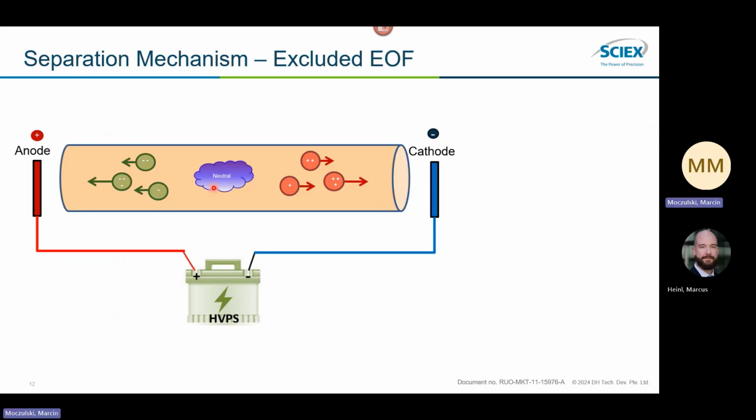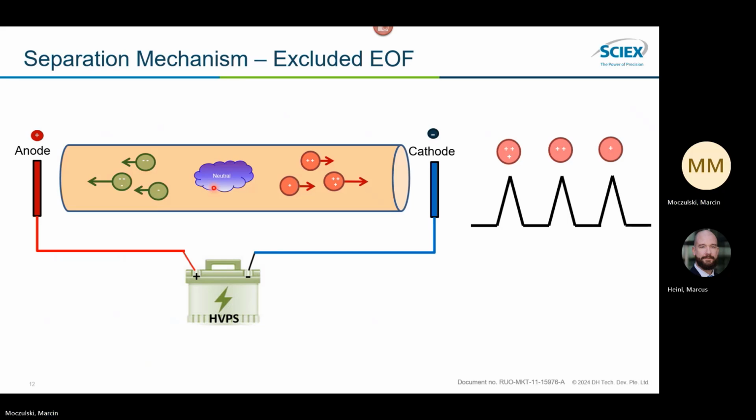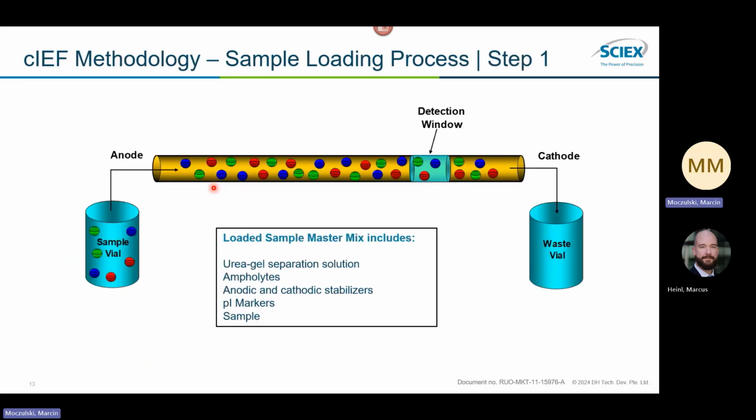After gradient formation and chemical mobilization, protonated zones can be easily moved through the capillary, giving us the possibility to monitor and see peaks, where the first peaks separated are much more basic and the last peaks are much more acidic. However, they are still protonated, still positively charged.